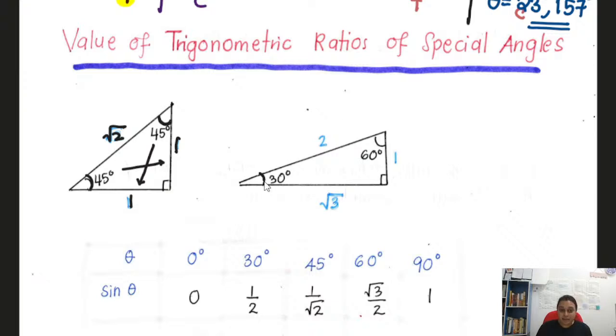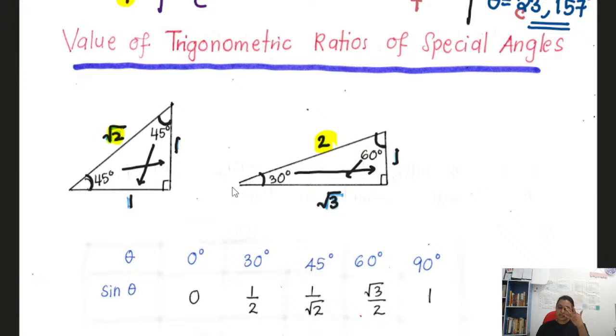Okay, another triangle lagi satu ialah 30 dengan 60. So the 30, the opposite is 1. And then the 60, the opposite ialah √3. And then here 2. Hypotenuse 2. If you can remember, hypotenuse 2 pun 2. Both also is 2. But the 45 one got √2.